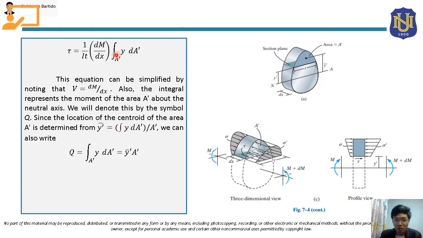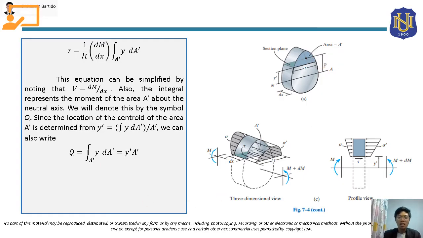So Q can be rewritten as y bar prime times A prime, wherein A prime is the area of the portion that we are considering, and y bar prime is the location of the centroid of that area, measured from the neutral axis. Again, from the neutral axis to the centroid of the area we are considering, that is y bar prime.